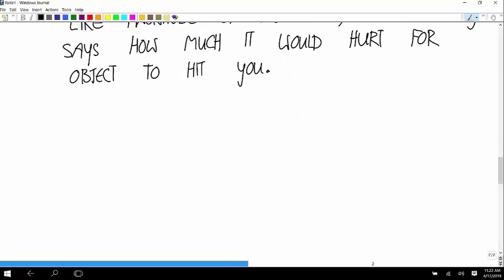Okay, so now finally we get to the work energy principle.